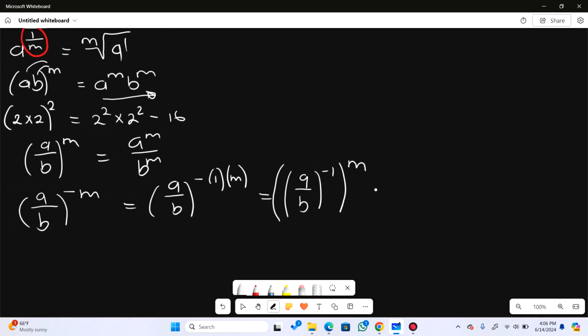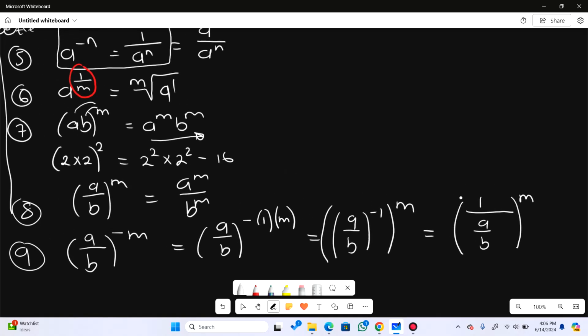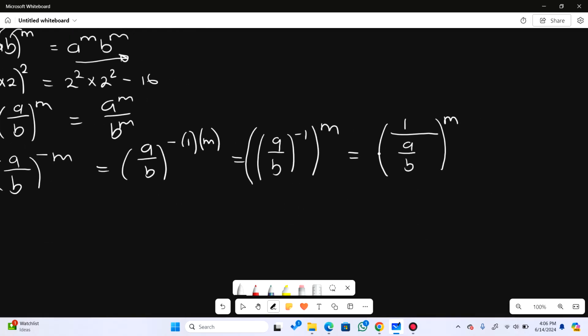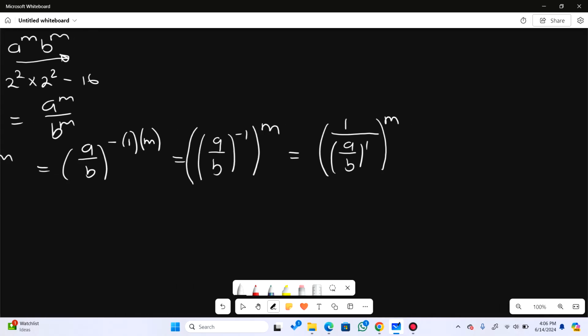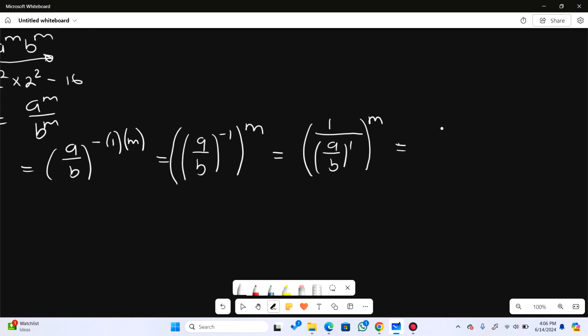And then we can change this now to 1 over a over b raised to the power m. Remember, we have that 1 as a numerator there, and then basically everything comes down, and of course raised to the power 1. And then you can just do the math.